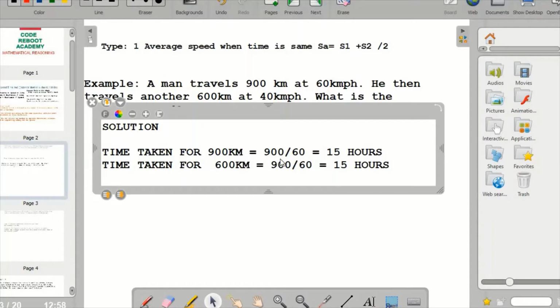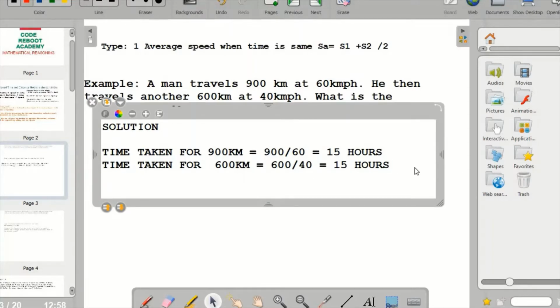He travels at 40 kilometers per hour for 600 kilometers. It's also 15 hours. So we concluded that the time is same for both the cases.